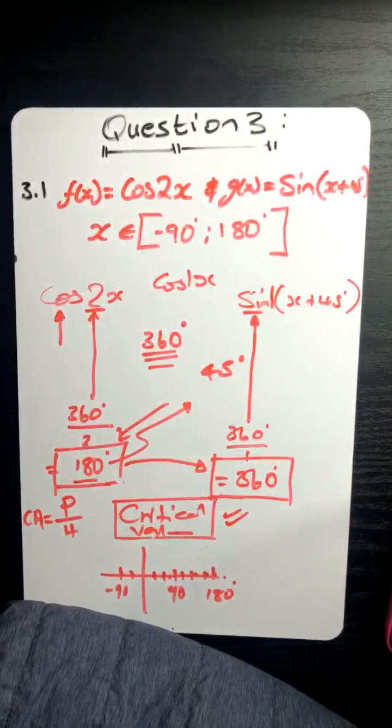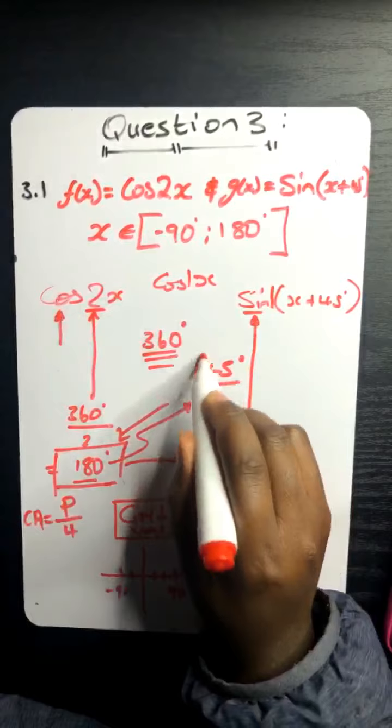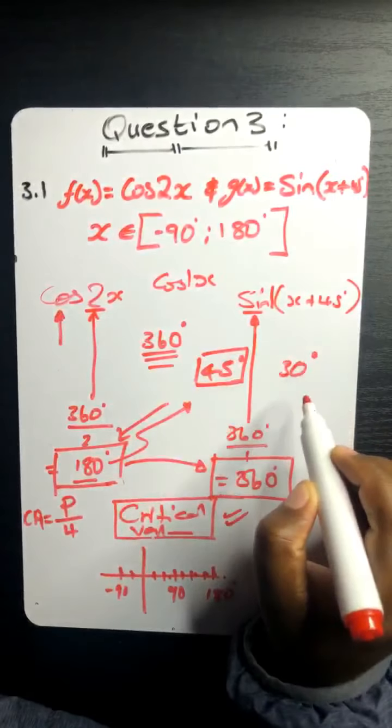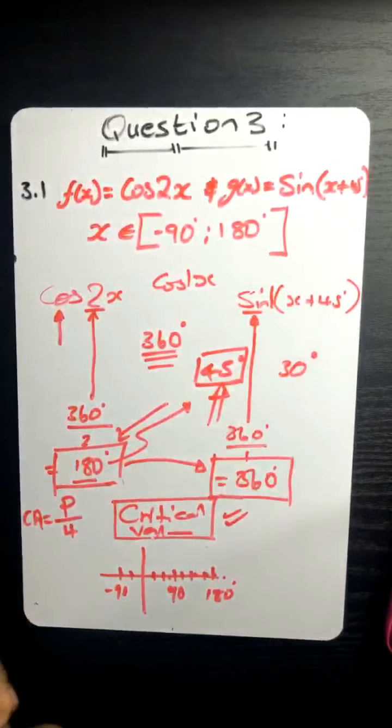So we can possibly space intervals of 45. Even if you use 30, still fine. But maybe let's try and use that 45 and see how far we can go with that.